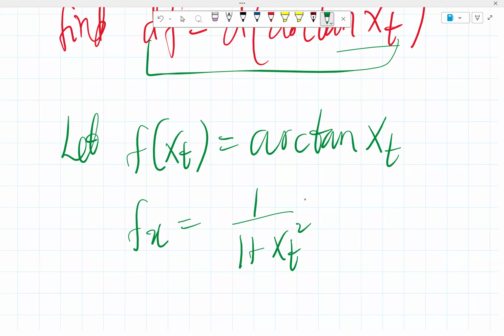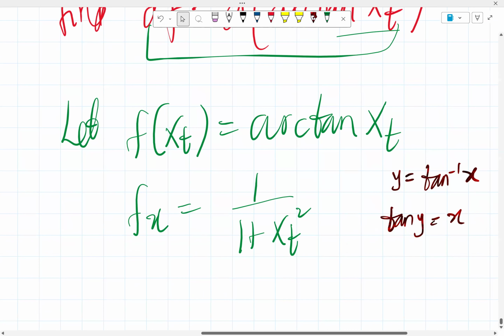I'm tempted to go back to it. Imagine you have y equal to arctan of x. If you take tan of both sides, that means tan y is equal to x. If you differentiate tan y with respect to x, that would be chain rule.